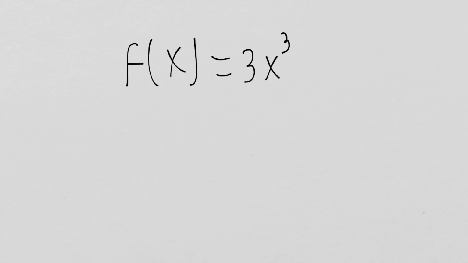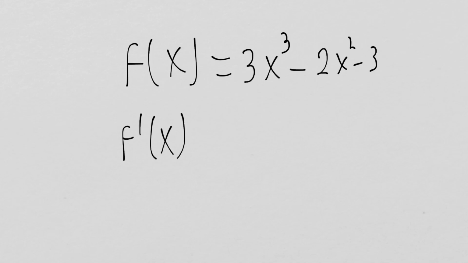So then finally, there's a pattern we discovered by calculating a bunch of instantaneous slopes. If we have a function that is a polynomial with real number exponents, then the power rule says the derivative f prime of x is found by multiplying the exponent by the coefficient and then subtracting 1 from the exponent. And if you have a constant value, the derivative of that is just 0, so that goes away.